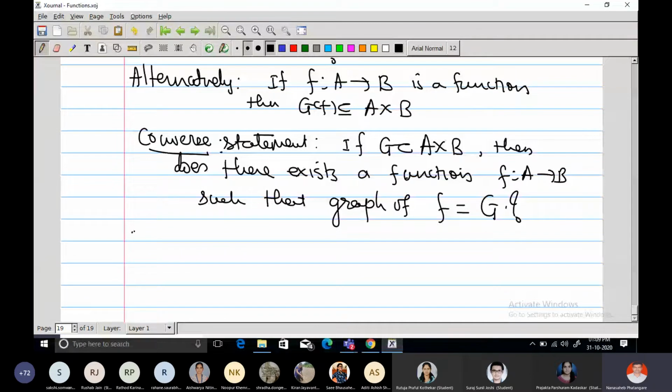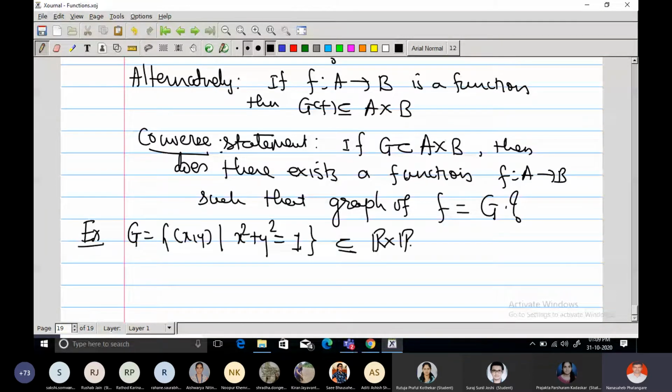And what G did I give you? x squared plus y squared is equal to 1. I gave you this set. Is it a subset of R cross R? Yes, sir.